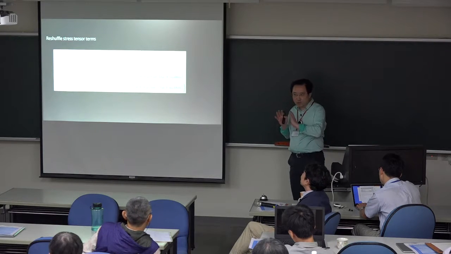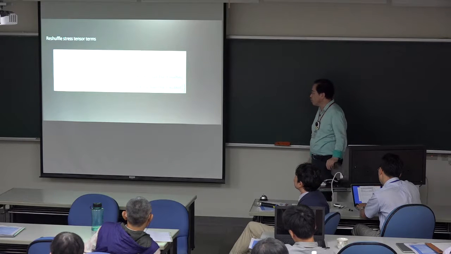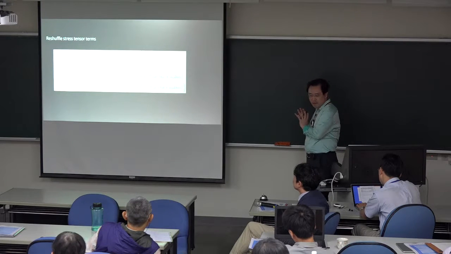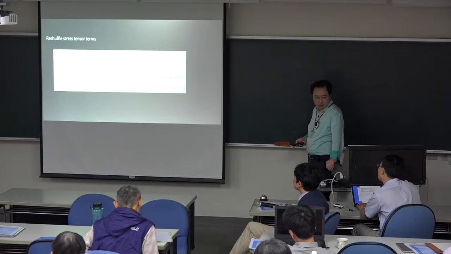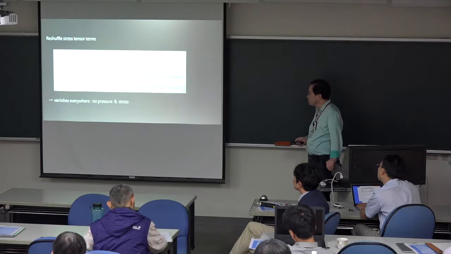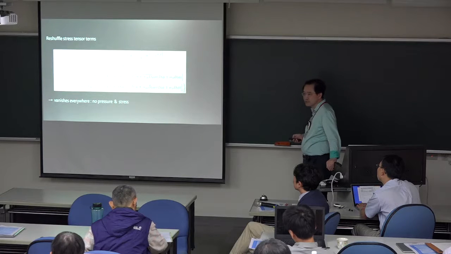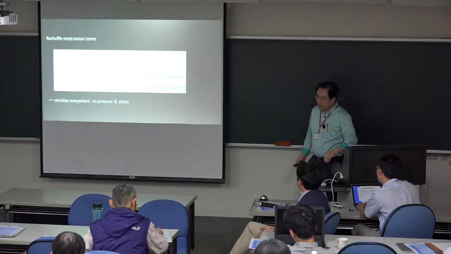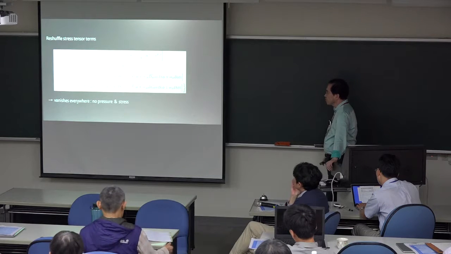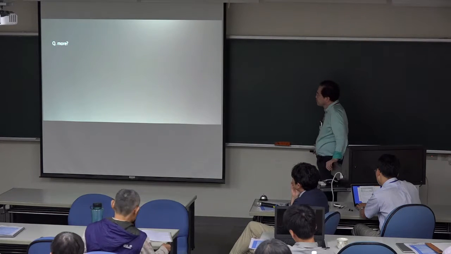So if you have n vortices, or if you have n anti-vortices, every component of the stress tensor vanishes everywhere. So there is no pressure and no stress anywhere, though you have n vortices. So n vortices are non-interacting at all.